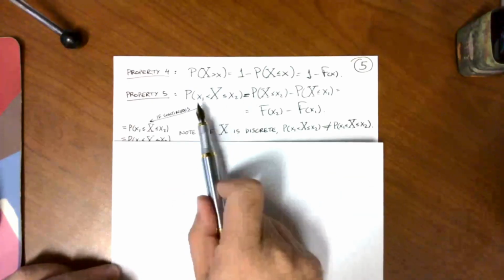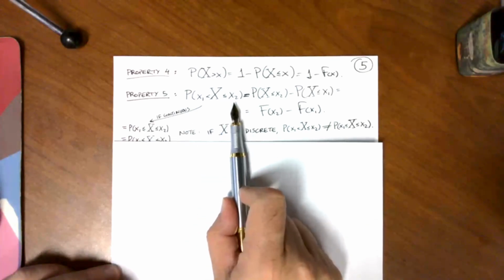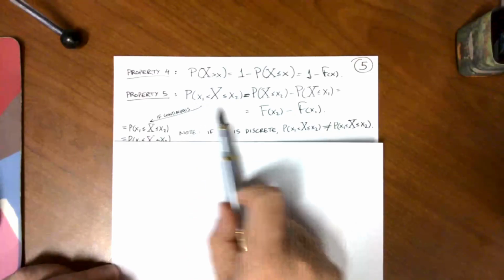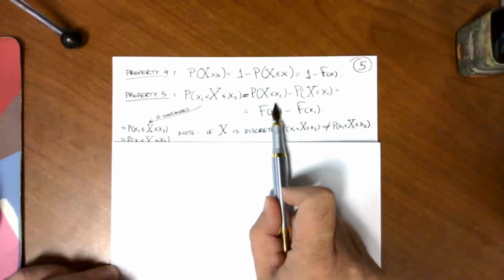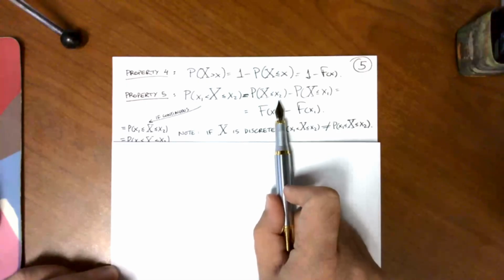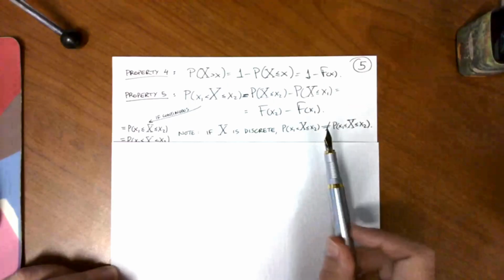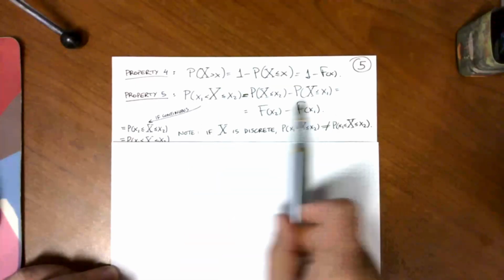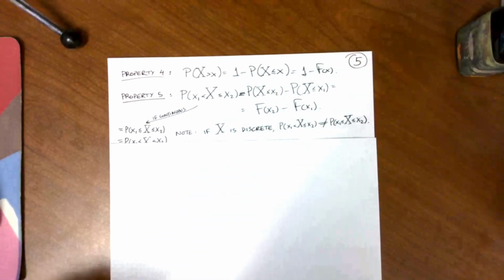In the more general case, you can establish that the probability that X is less or equal than x2, a higher value of x, and greater than x1, a lower value of x, is going to be equal to the difference of the two CDF values: the probability that random variable X is less or equal than x2 minus the probability that your random variable X is less or equal than x1. This property emerges because of the discussion that we just had on the right continuity of the CDF.